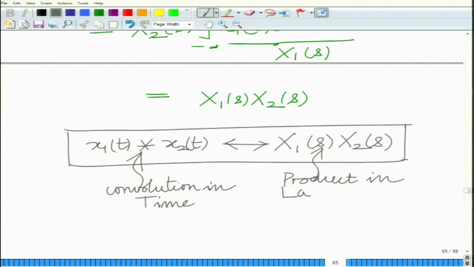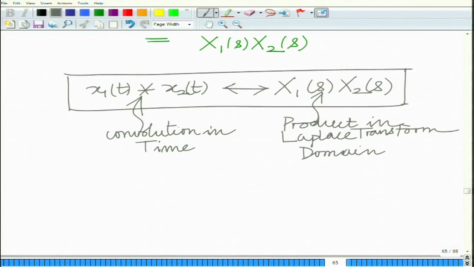So, convolution in time corresponds to the product in the Laplace transform domain, or basically the s domain, and this is an important property.